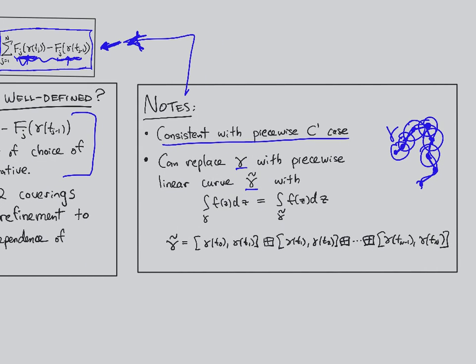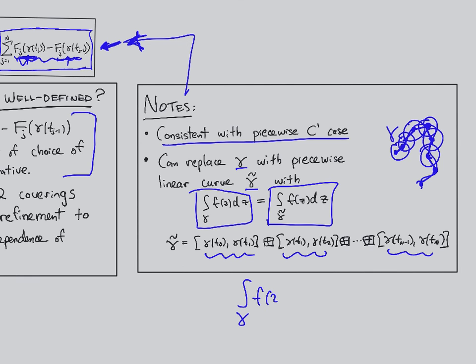And so you get that f integrated over gamma would be the same as f integrated over gamma tilde, because I just need to match all the endpoints when I move in close enough. Okay, so this is how we define these line integrals for f analytic, but gamma merely continuous. You break up gamma into pieces on which f has antiderivatives, and then you compute those differences of antiderivatives.